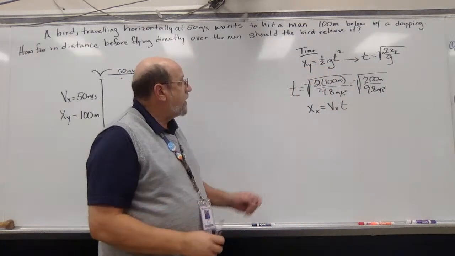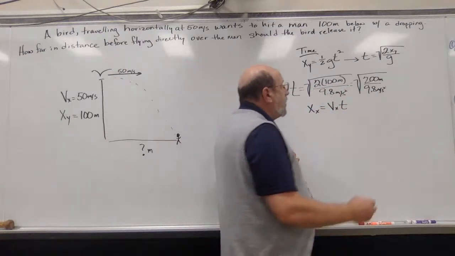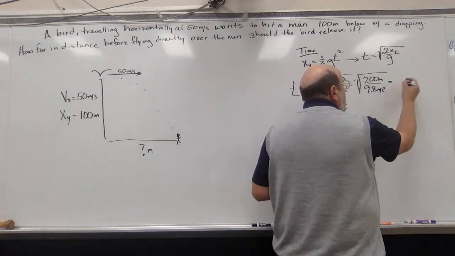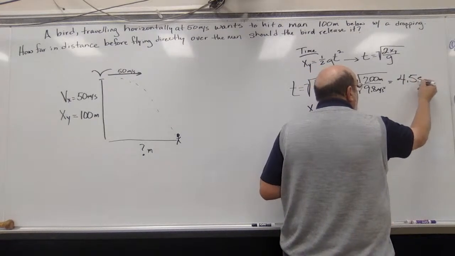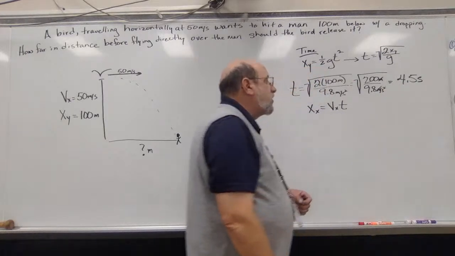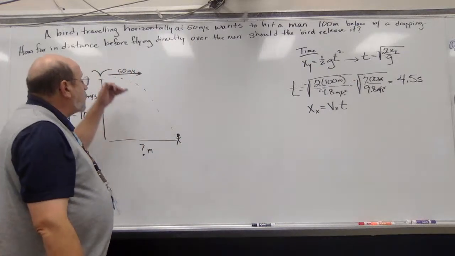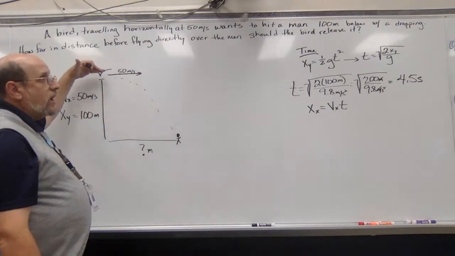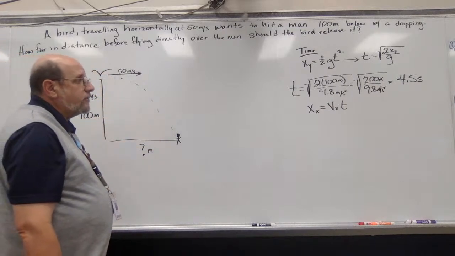Here we go. Now, if I do this math in my calculator, I end up with 4.5 seconds, because meters cancel out with meters, and you take the square root of seconds squared and you get seconds. So it takes 4.5 seconds to go from way up here all the way down here.